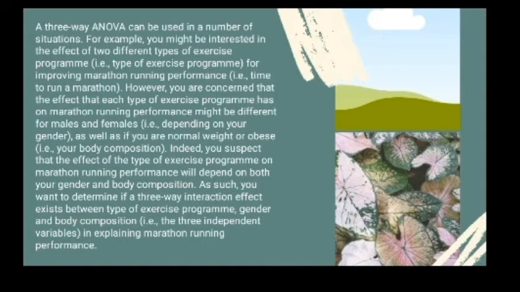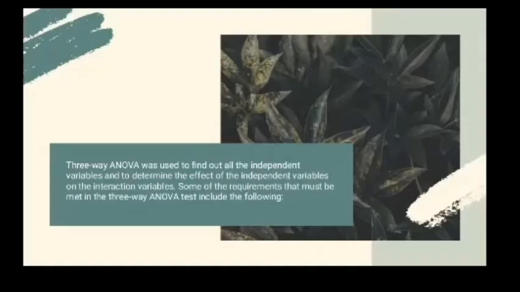In that, you suspect that the effect of the type of exercise program on marathon running performance will depend on both your gender and body composition. As such, you want to determine if a three-way interaction effect exists between type of exercise program, gender, and body composition. In explaining marathon running performance, ANOVA was used to find out all the independent variables and to determine the effect of the independent variables on the interaction variables.